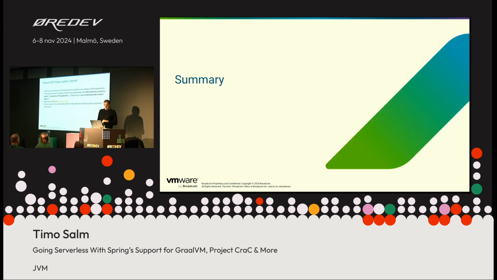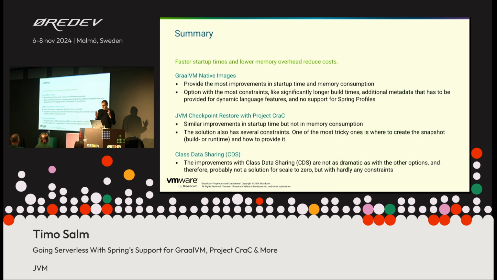So yeah, at the end, as a summary, you currently have 3 options. I would say GraalVM is the one that's available that provides the most benefits. The thing with GraalVM, as I said, is that developer productivity is lacking. And if you have a really dynamic application, that's probably not the best choice, but something you could try out.